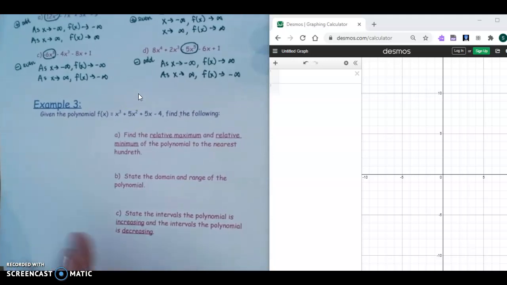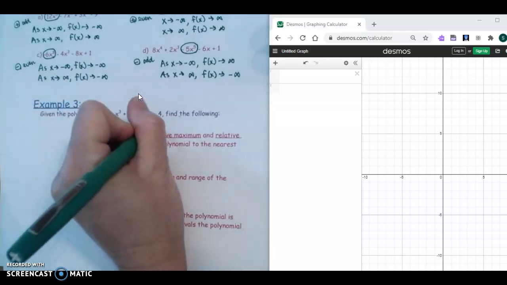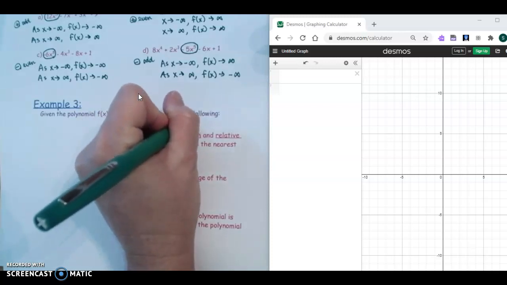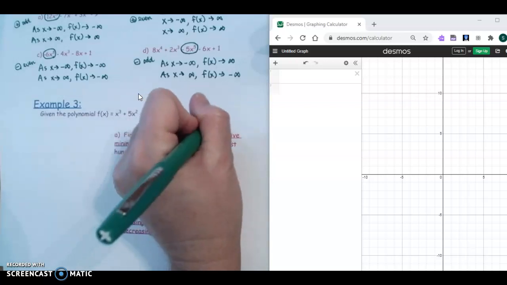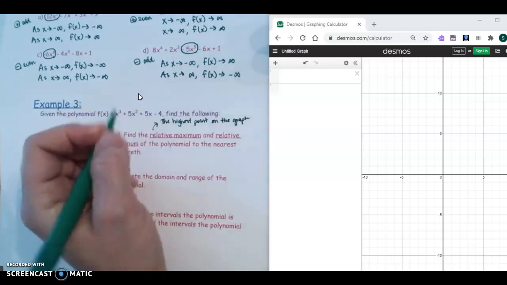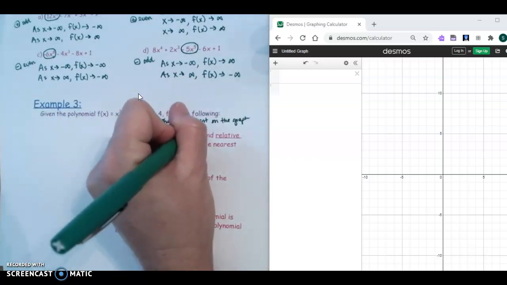So what a relative max or min is basically the highest point on the graph within a given domain.